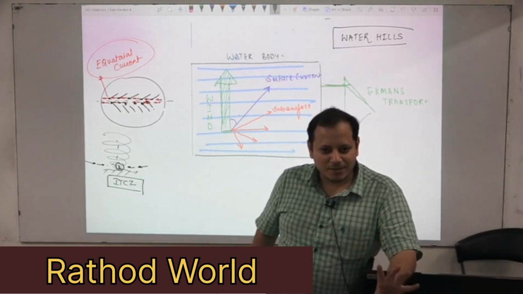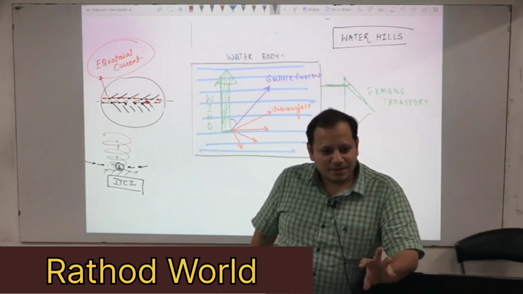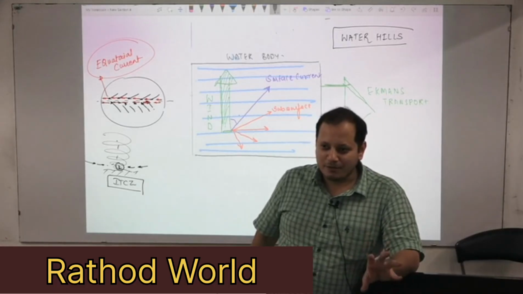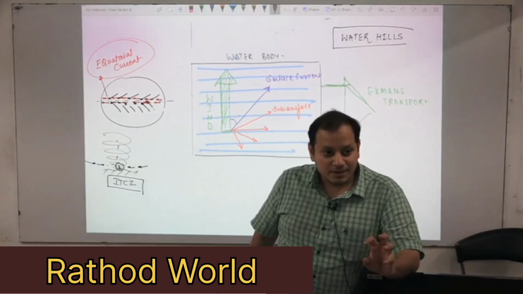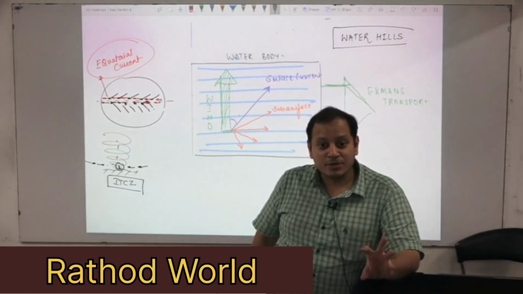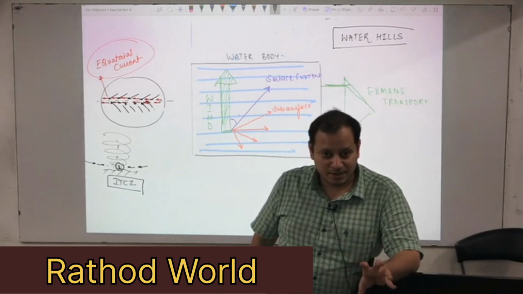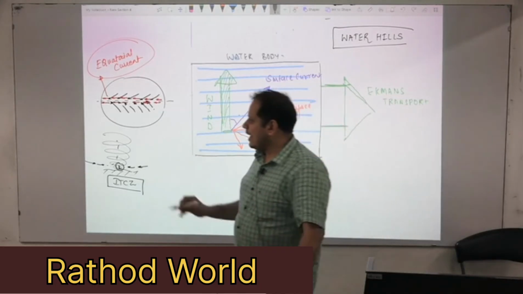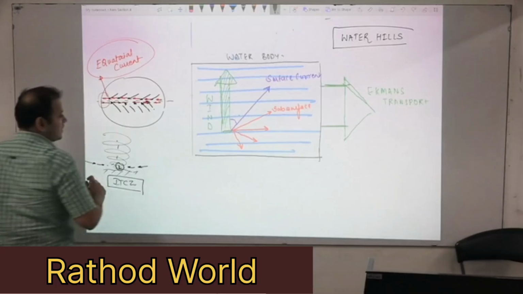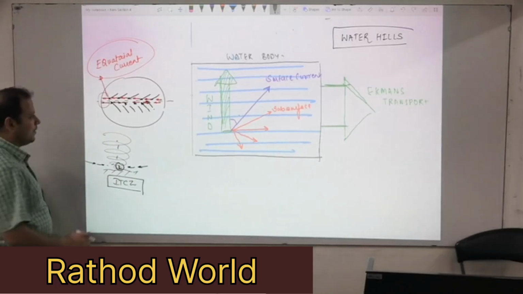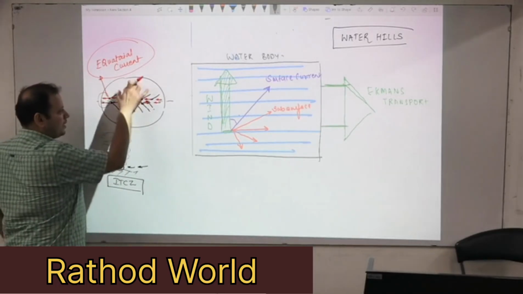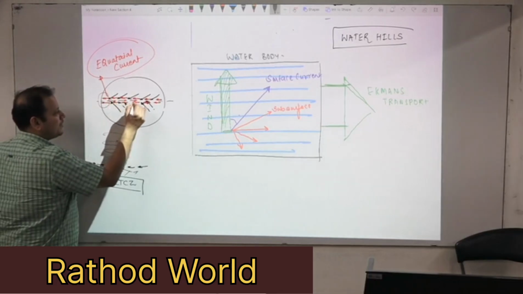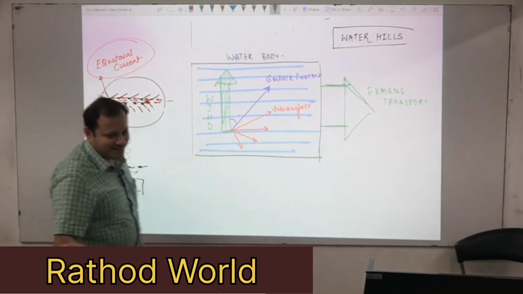Fine. If you read the textbook, westerly intensification results in the formation of water hills and water valleys. Then the ocean currents flow from water hills to valleys after westerly intensification. What does it mean? In simple words, a lot of water has collected here, so the water level rose, a water hill, and where did the water level go down? On this side, and that is why from hill to valley the counter equatorial current is generated.